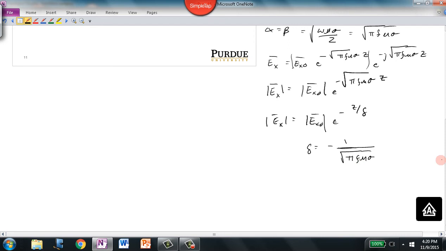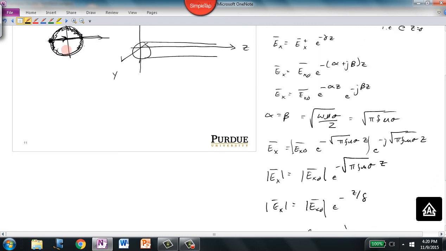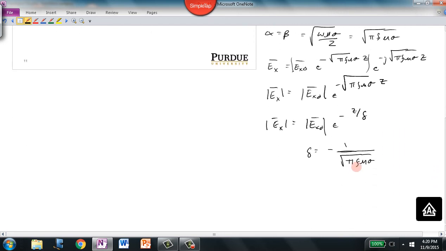So the higher the frequency, the less the current can get into there. We focused on this before. Higher frequencies cause the E field to not get into the conductor very well. Turns out highly permeable materials have the same problem, but most interestingly, highly conductive materials have the same problem.